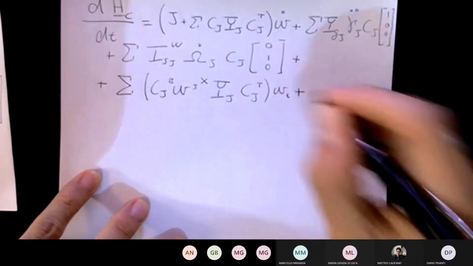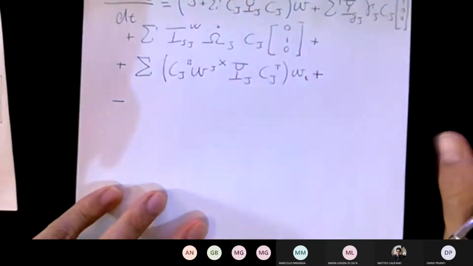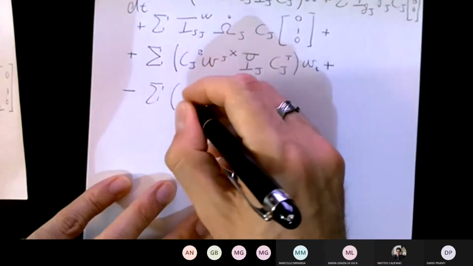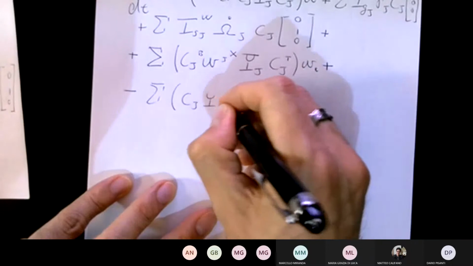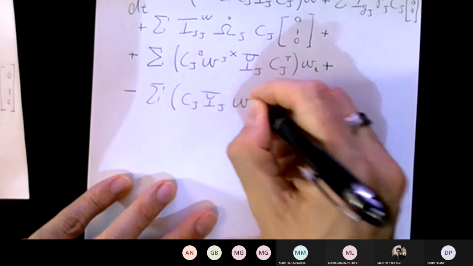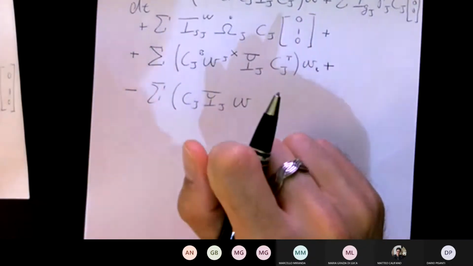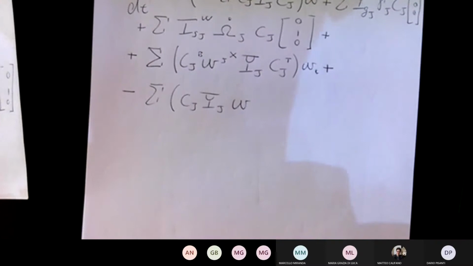plus, minus, let's see, summation of Cj Yj. Now I have omega, something is missing here, one second.